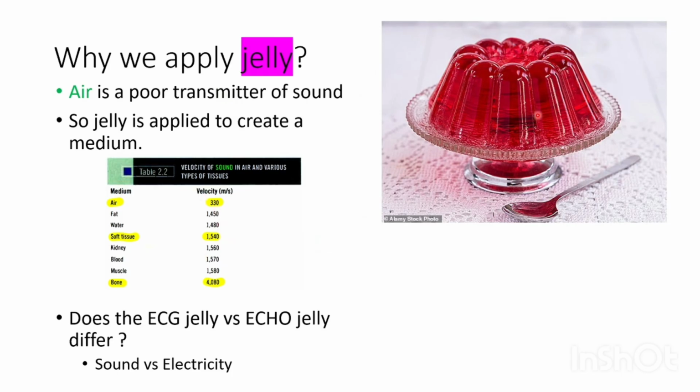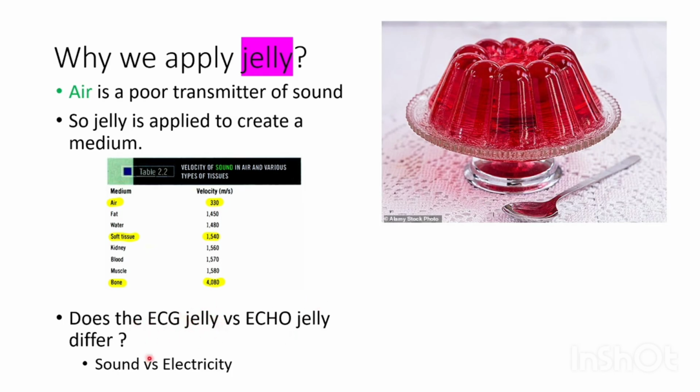Mind you, this is not the jelly that we apply. This is a jelly that we have put. So the question is whether we can use an ECG jelly for doing echo. I'm not sure about that, but generally, if you are filling that space with anything other than air, maybe that will work. ECG jelly we apply to receive the electric signals from the heart.